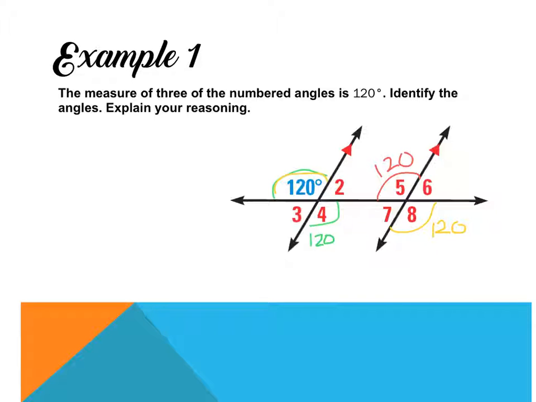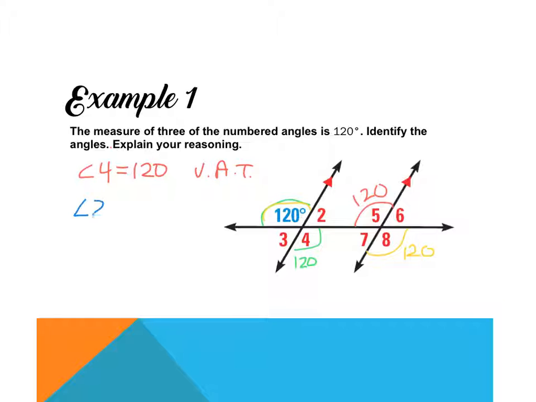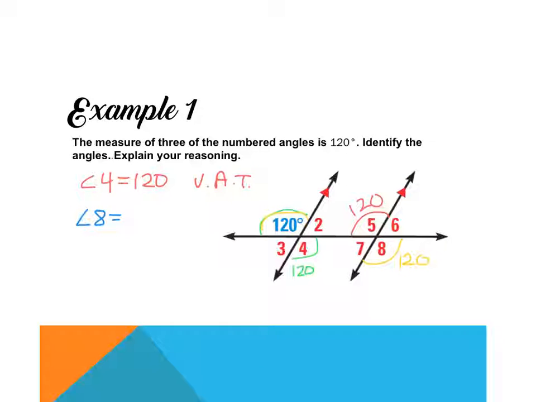So when you explain your reasoning, it's almost like a step in a proof, right? You would say angle 4 equals 120. And that's the vertical angles theorem, or VAT for short. Angle 8 equals 120. And that's the alternate exterior angles theorem.